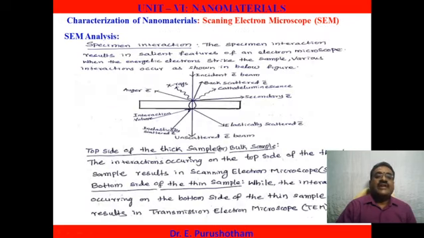So what I am saying, the electron jumps from the higher energy state to the lower energy state, releasing some energy. This released energy gives rise to X-rays. From these X-rays, we can observe some image. From this image, we can characterize the sample.